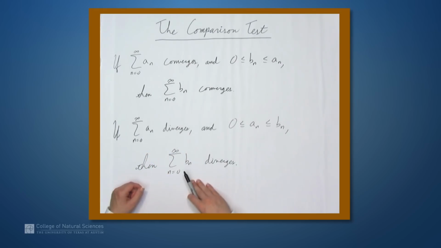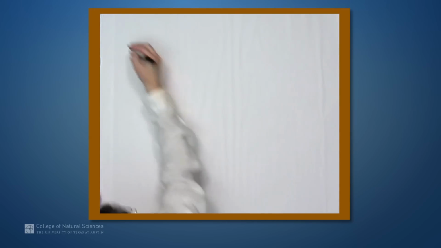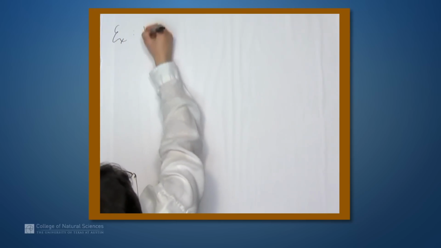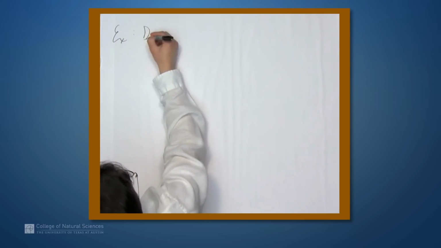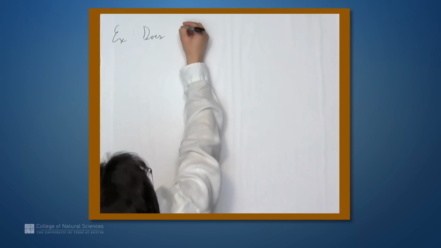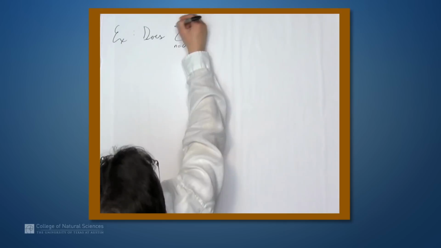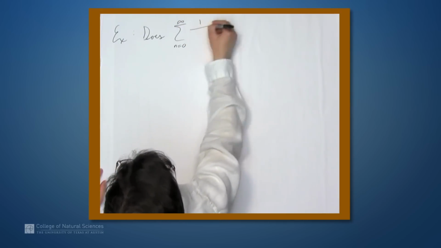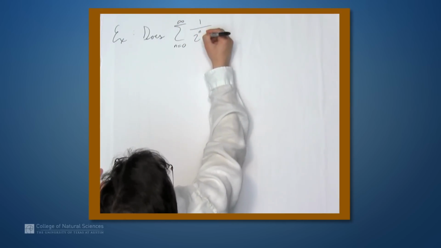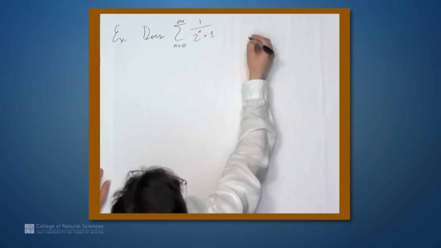So let's take a look at some examples. First, let's ask ourselves, does the series sum from n equals 0 to infinity of 1 over 2 to the n plus 1 converge?